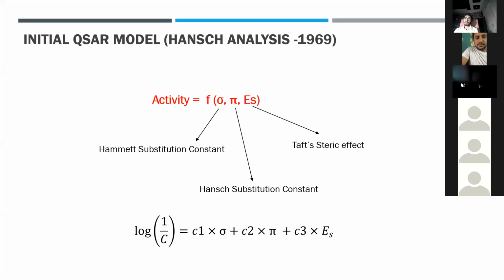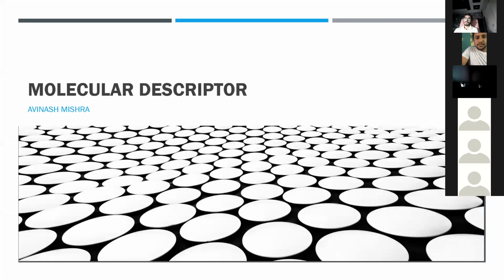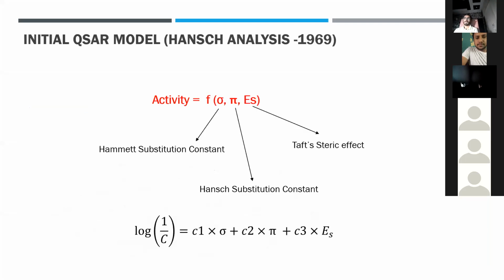Now we have grown up and we can build our own QSAR model. The most important thing in QSAR is what kind of properties you are selecting. Here, Hansch selected only three properties, and he solved his own problem, whatever problem he had.